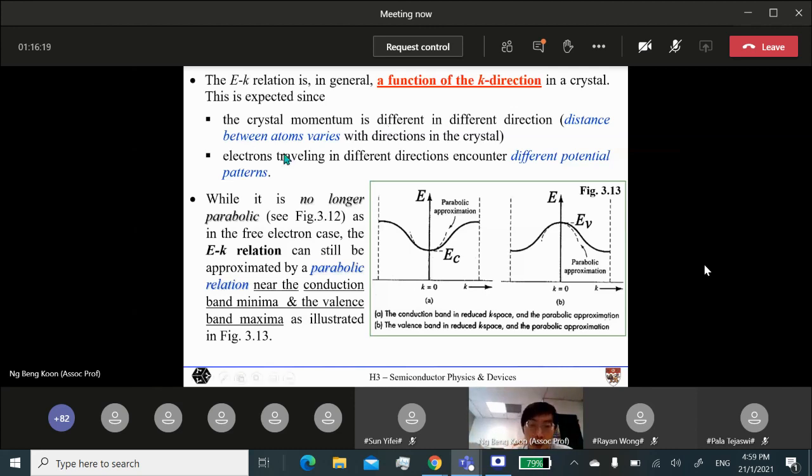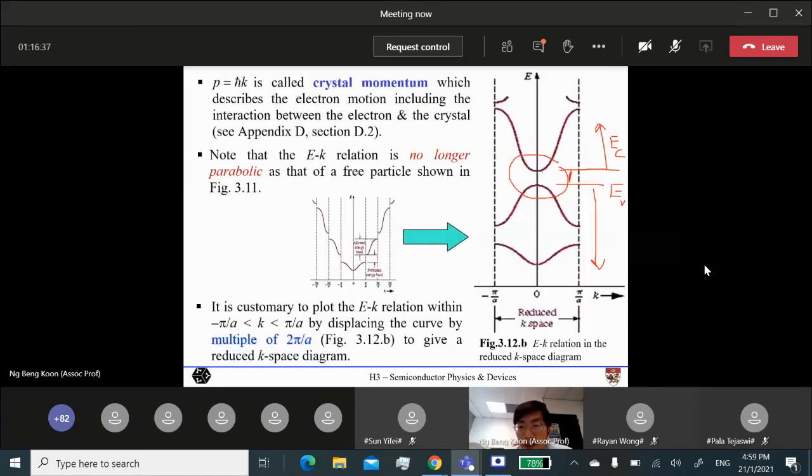Before we come to that, we mentioned that the E-k relation in the conduction band and the valence band, although it's not a pure parabola anymore, is approximately parabolic near the edges, the EC and the EV. So we go back to this figure: this is the EC, this is the EV. Near this region, close to the band gap, the conduction and valence bands are still approximately parabolic.